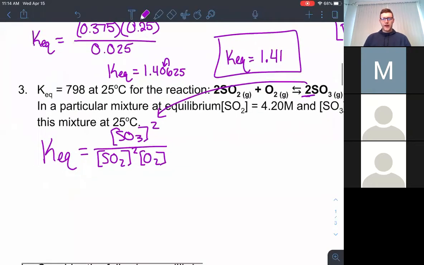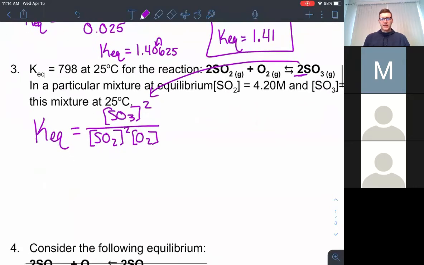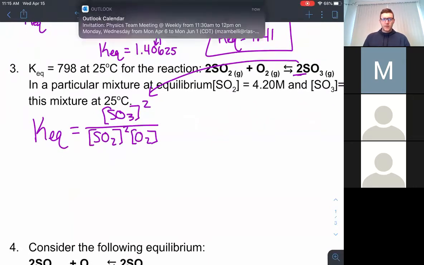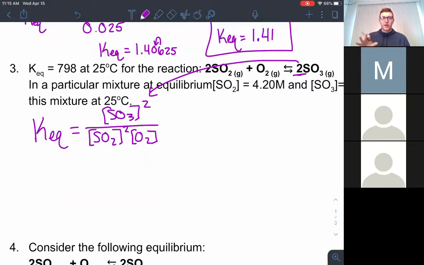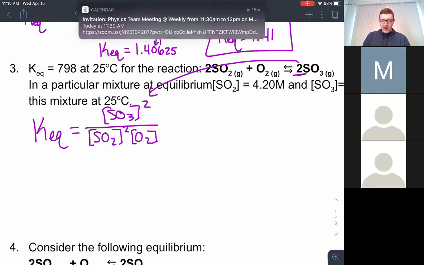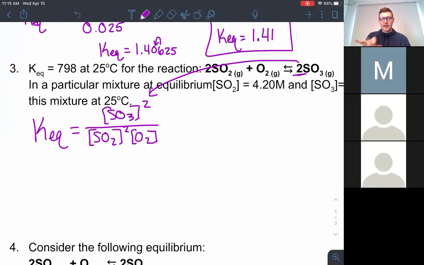All right. So now our next step is to plug in everything that we know and leave the one that we don't know as the variable. So do we know our equilibrium constant KEQ? Yes. What is it?